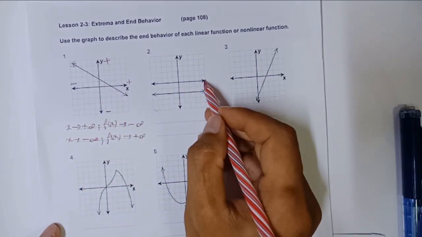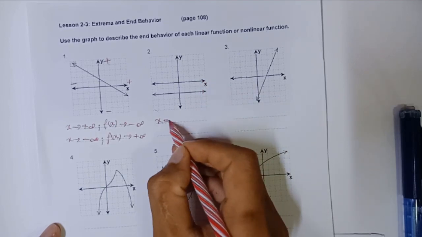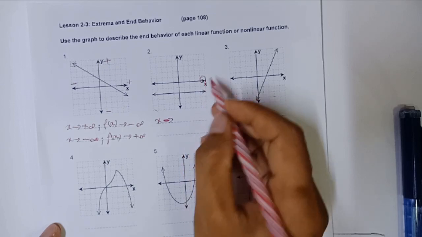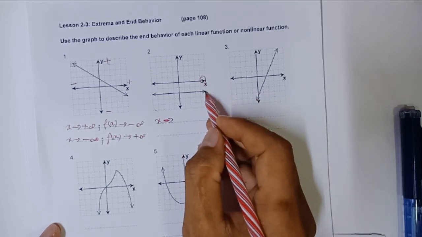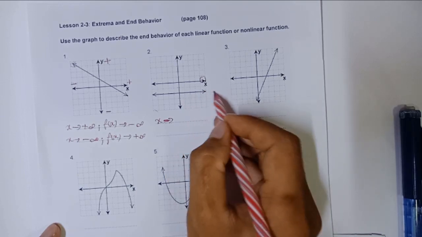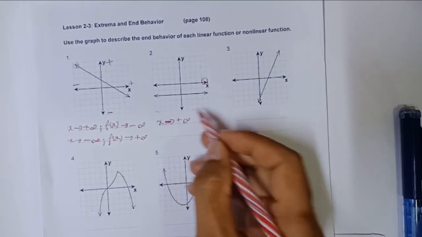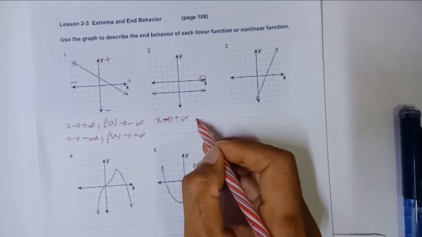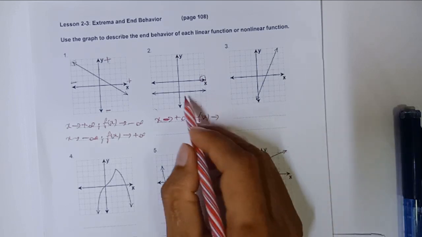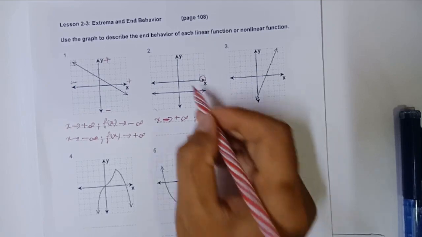For this section, as x approaches this side first, this is the line, as x approaches positive infinity, f of x is equal to -2.